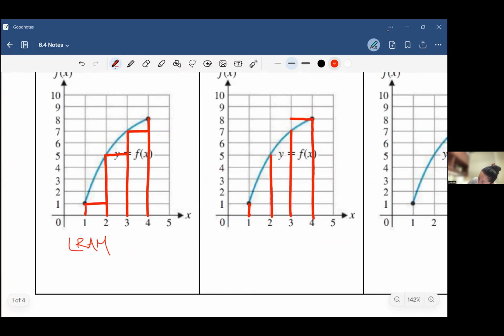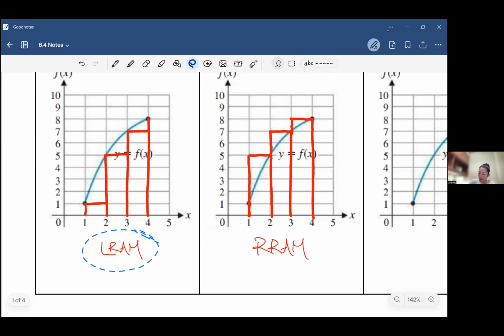And that would give me something that looks something like this. Okay. And these we called right rectangular approximation, or RRAM. And when we had LRAM and RRAM, it was important to note these were just approximations, right? We can see that, for the LRAM, we're missing big chunks of this area. And for the RRAM, we're overestimating these chunks of area.